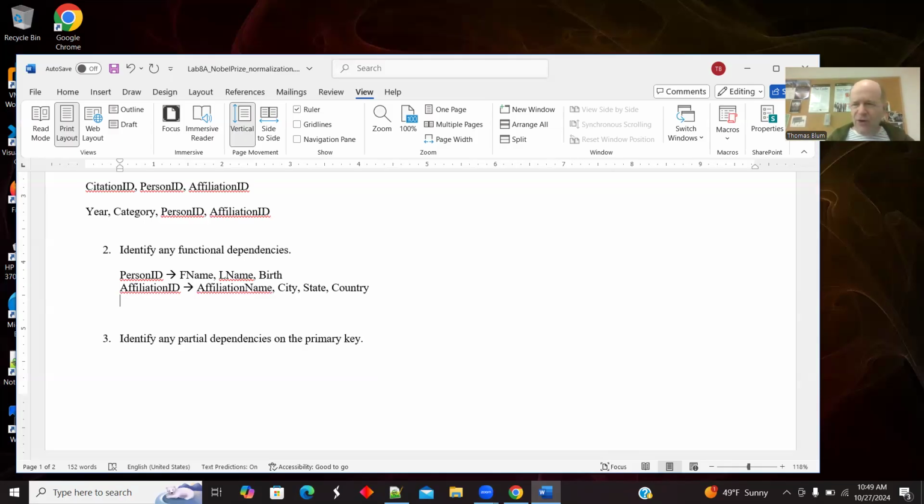The citation, if we're going that route, the citation ID, I think I said, probably gives you the citation spelled out. There's probably a short version and a long version. What else does it give you?